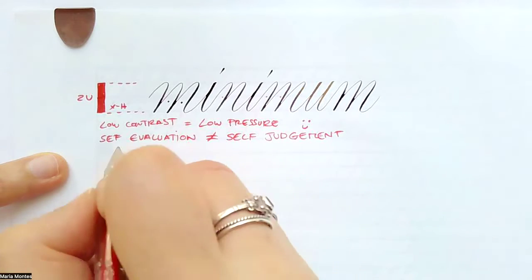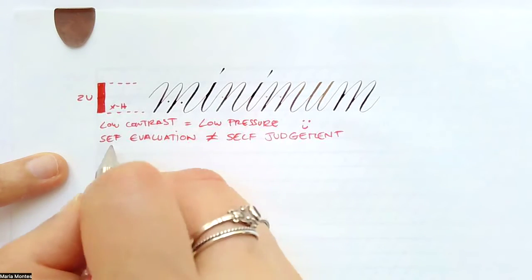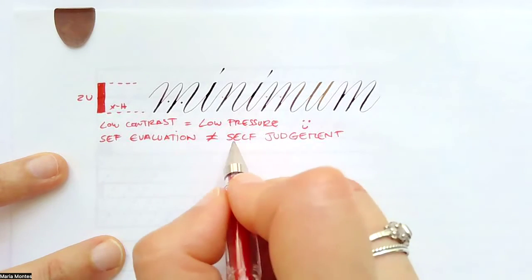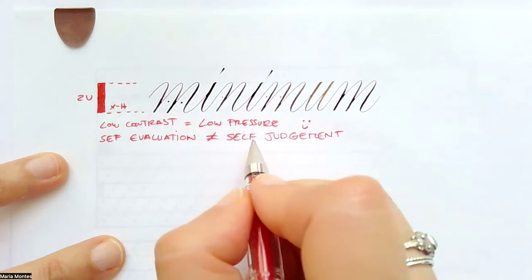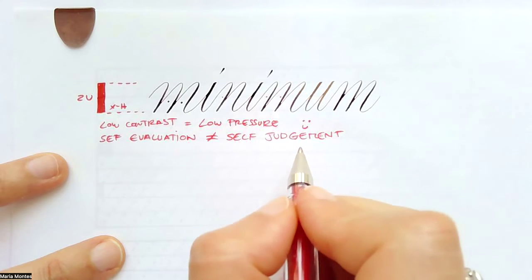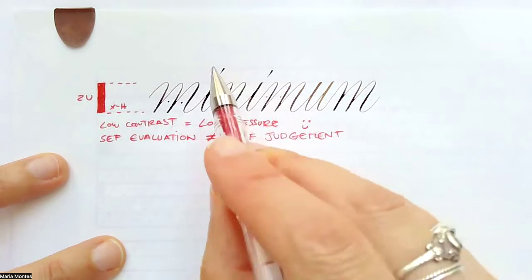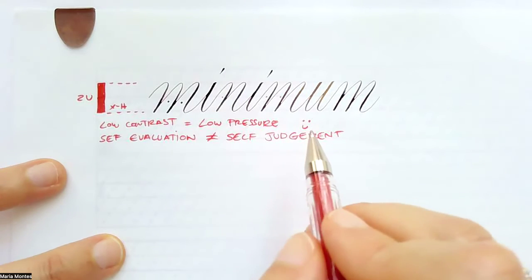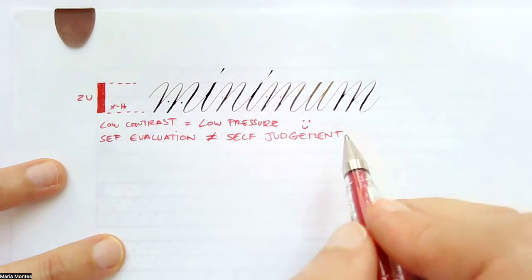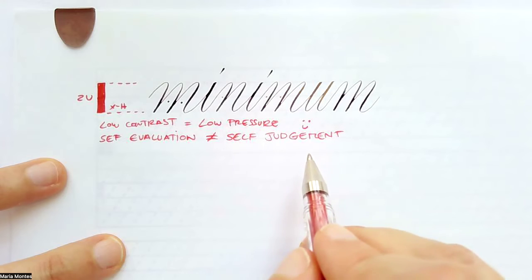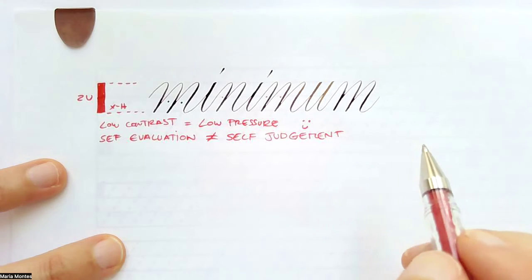Self-evaluation is the healthy part of learning, while self-judgment is the one that is going to give us trouble and slow us down, because we are going to be very critical and on the perfectionist side of things. In my opinion, that part is not going to help you, but the other way around.